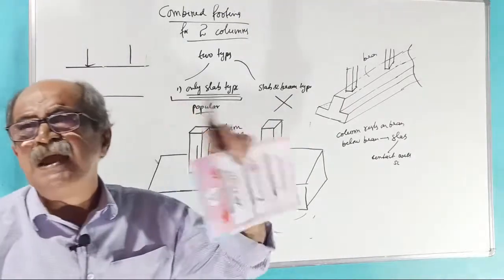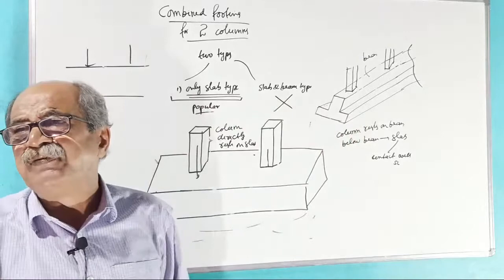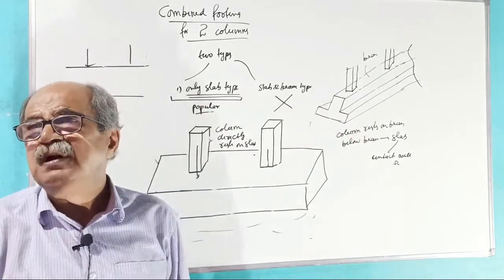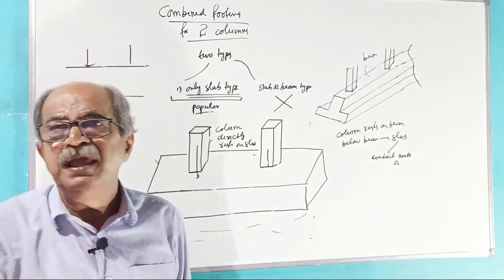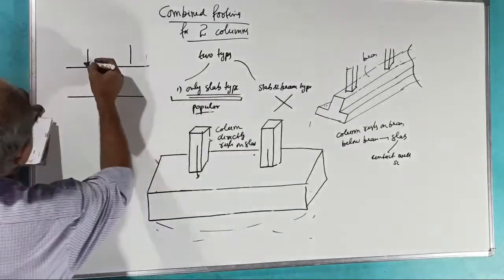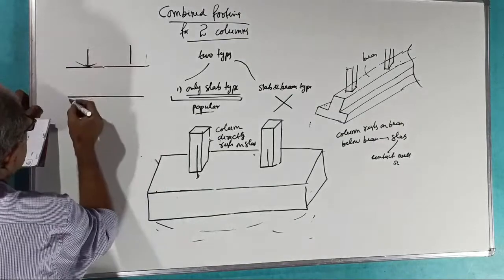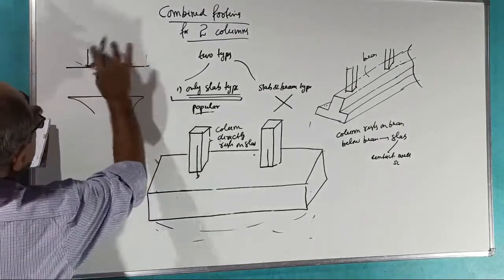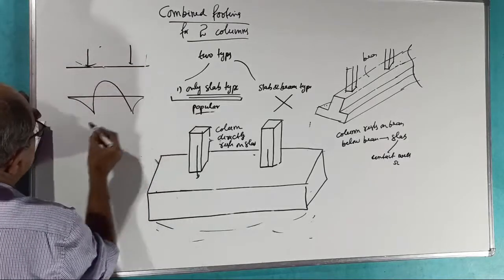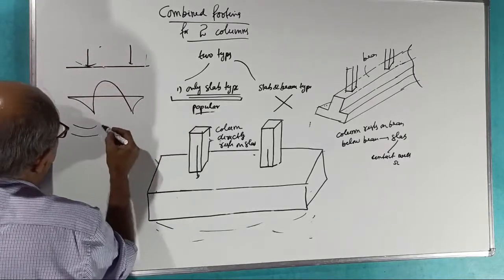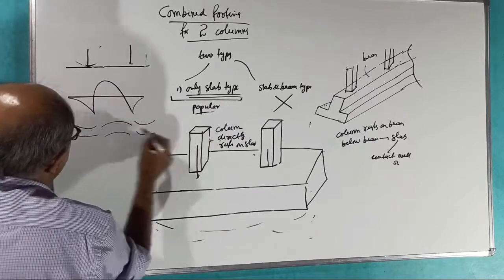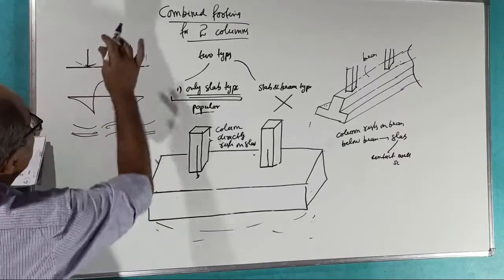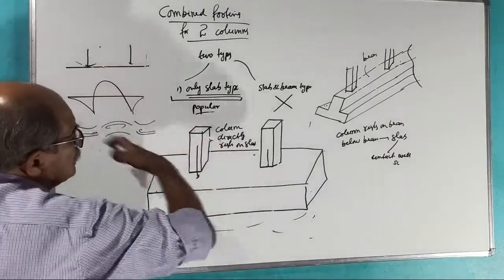In the SFD BMD course I put sagging positive, that is for the course. Now in ETABS and SAFE, as I told you long back, BMD is on the tension side. This will sag, so tension is at the bottom. If the columns are wide apart, it will bend like this: sagging, hogging, sagging, so bottom steel, top steel, bottom steel. This is for the slab lengthwise bending.